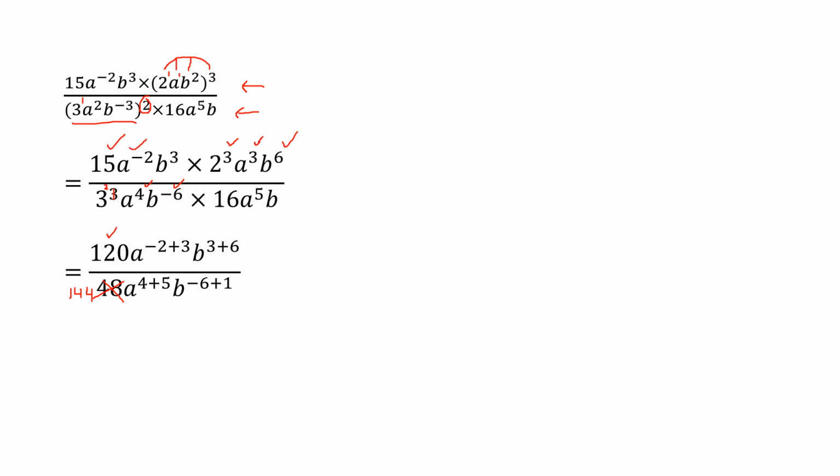Okay, now multiplication, it comes 8 into 5 comes 120. a^-2 and a^3 will be added because of multiplication, no change of sign. 3 and 6, multiplication, no change of sign. a^4, a^5, multiplication, no change, -6, and it is b^6.